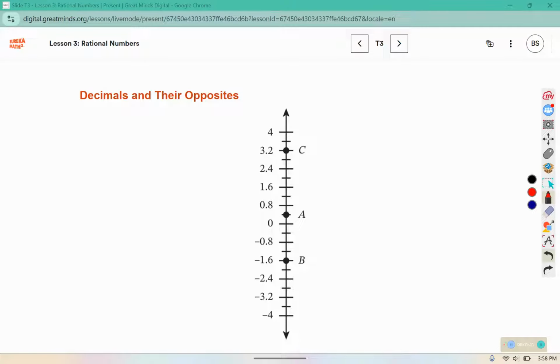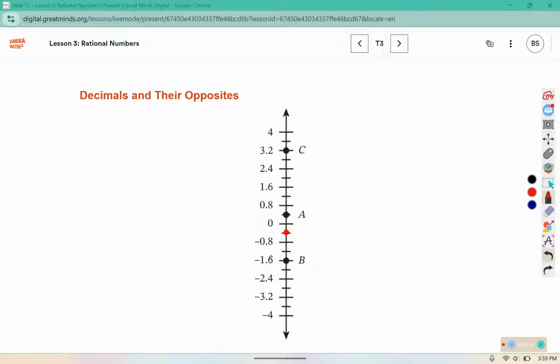So we know that 2.6 is between the whole numbers 2 and 3. Negative 2.6 is going to be between the numbers -2 and -3. Here I have A. The opposite of A is a decimal on the other side of 0.